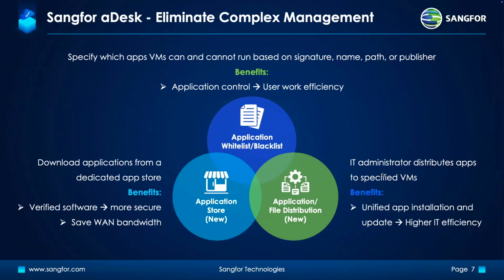So it will download over LAN rather than WAN and save a lot of internet bandwidth as well. This is how you can control and distribute applications to the users, which I feel is a lot simpler, and in a simplified way you can achieve this.